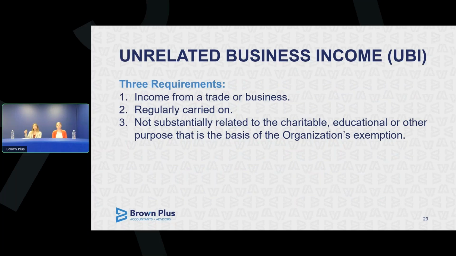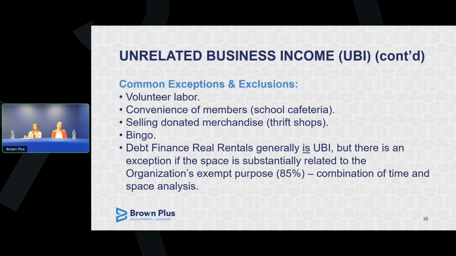So it has to fit all 3 of these requirements in order to be considered UBI. As you're going through and determining if something is or isn't, it's important to make sure that it's checking all 3 of these boxes before you go down that path.